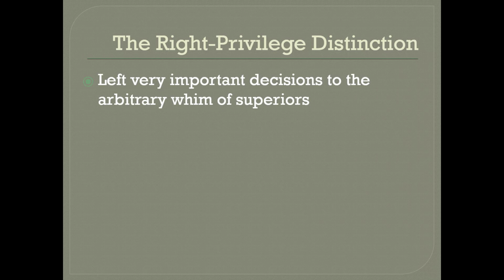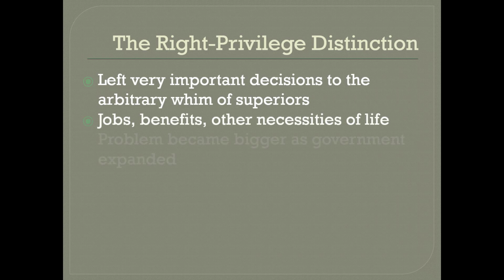Now, over time, of course, concern grew about this right-privilege distinction, because it leaves very important decisions to the arbitrary whim of supervisors. The decision of whether somebody has a job or not, there are very few decisions that are more important. If you can't house your family and put food on the table, then that's going to create a chilling effect for free speech or other rights for governmental employees.